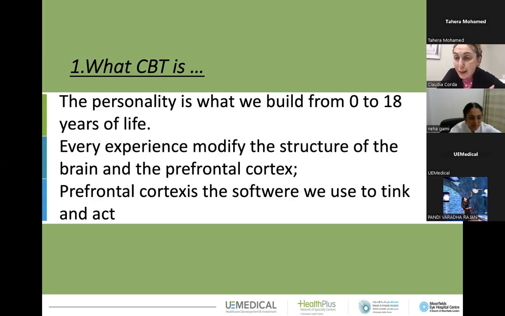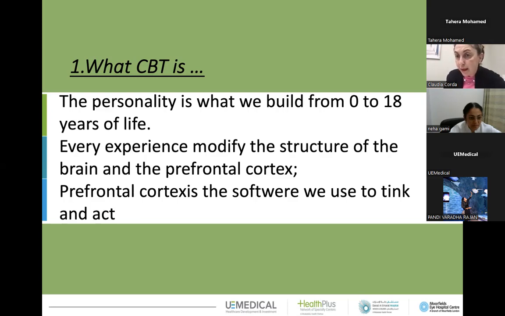Let's keep in mind that everything that comes from cognition and behavior comes from the prefrontal cortex. The prefrontal cortex is a part of the brain that changes structure and develops in a different way with all the experiences that we have during the development period.